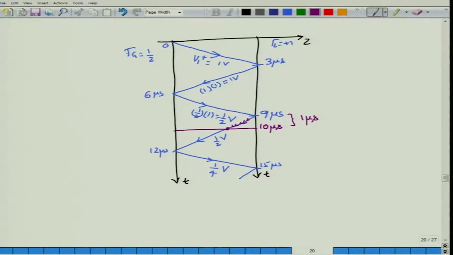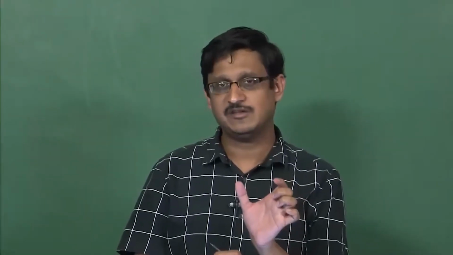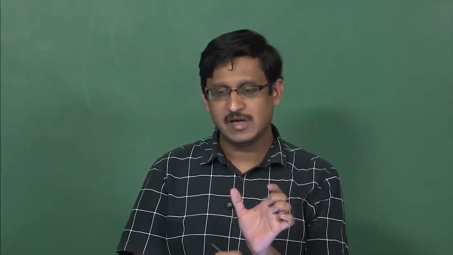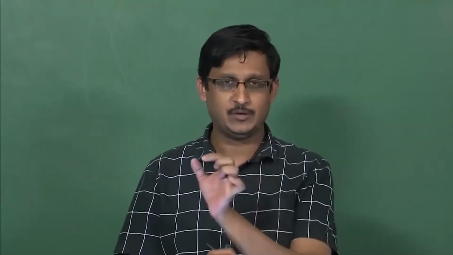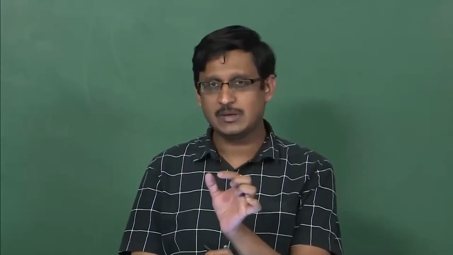So if the total time is about 1 microsecond, what would be the length of the transmission line that the voltage waveform would cover? We know that the entire length of the transmission line is 900 meters, and it requires 3 microseconds for the voltage wave to go from one end to the other end. Therefore, in 1 microsecond, you are able to go 300 meters.